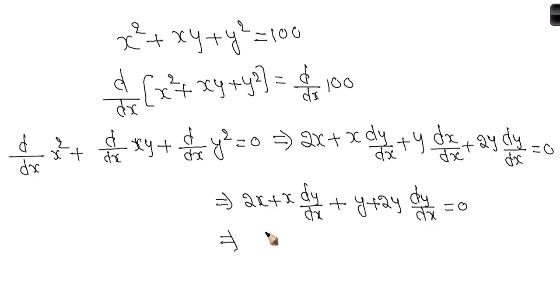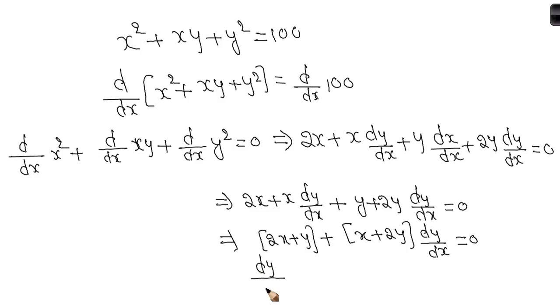It implies 2x plus y plus (x plus 2y) into dy by dx is equal to 0. Therefore, dy by dx is minus of (2x plus y) upon (x plus 2y). Okay, hope you are clear with this.